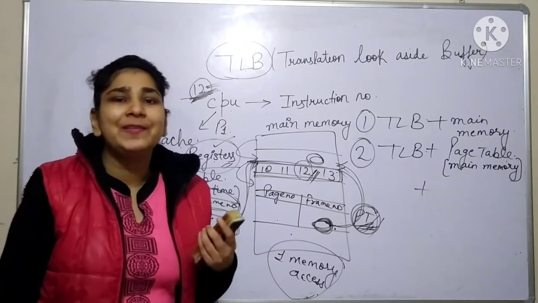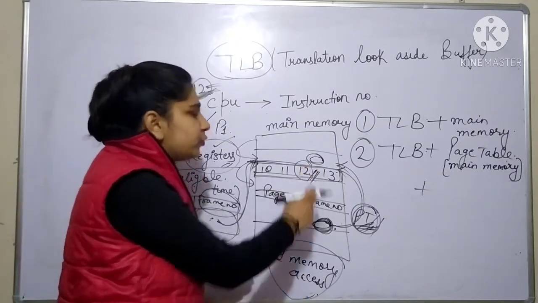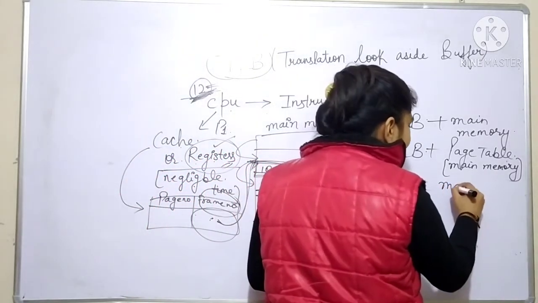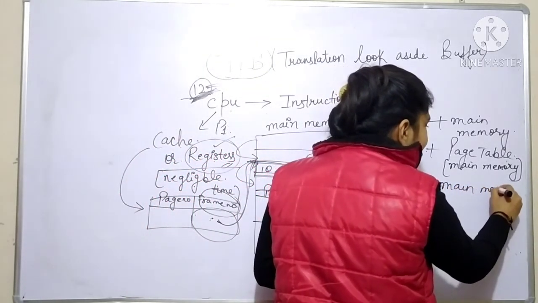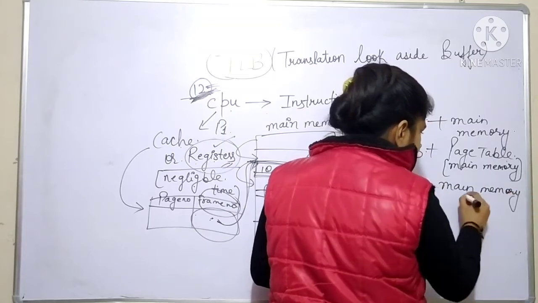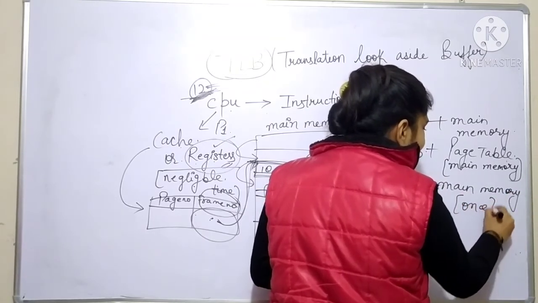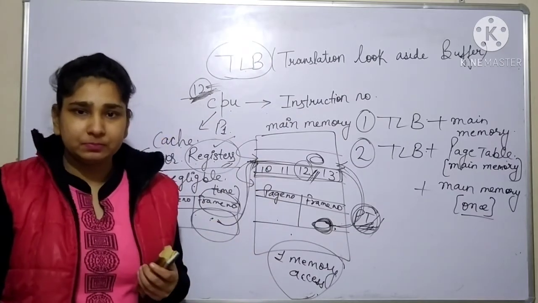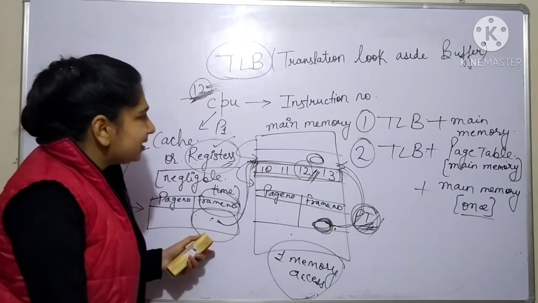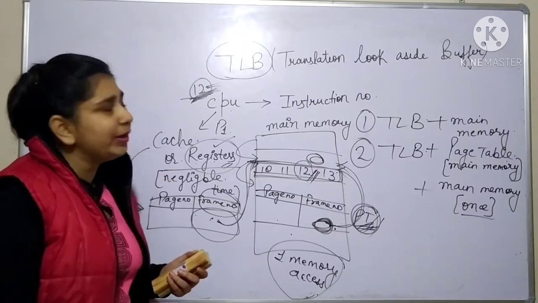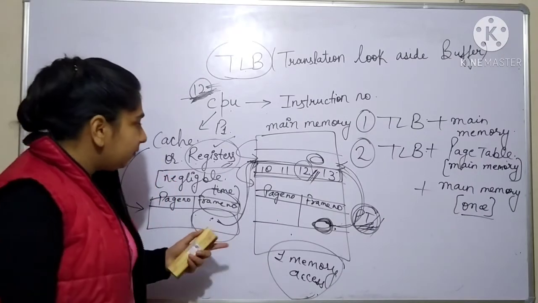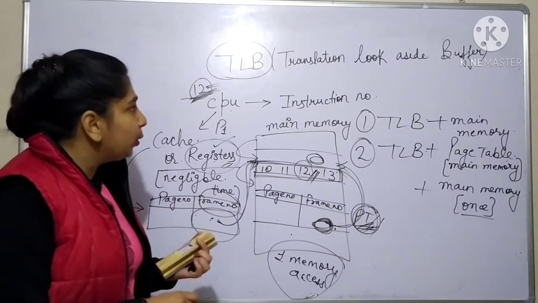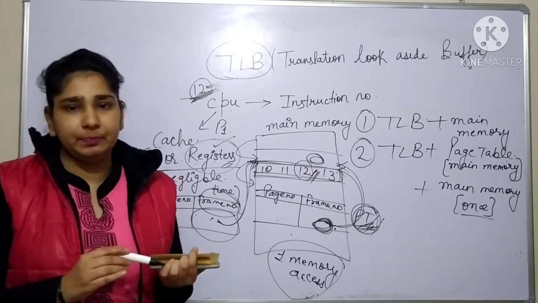Now we have the reference of the original instruction, so we will again access main memory once to get the original instruction. So this is how TLB is helpful. If you want to speed up the execution of your instructions, you can make use of TLB.